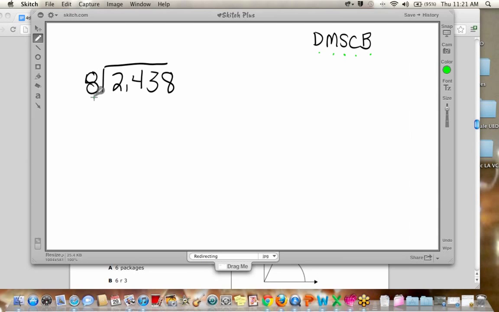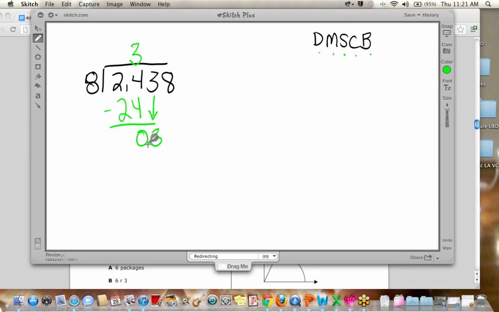So we got to go, how many groups of eight fit into 24? 3. Yep. Second step is to multiply. What is 3 times 8? 24. Good. Subtract and check. 0 is smaller than 8, so we are good to go.